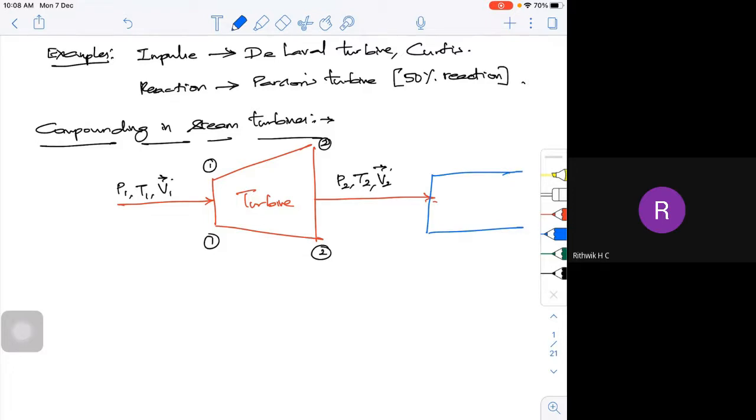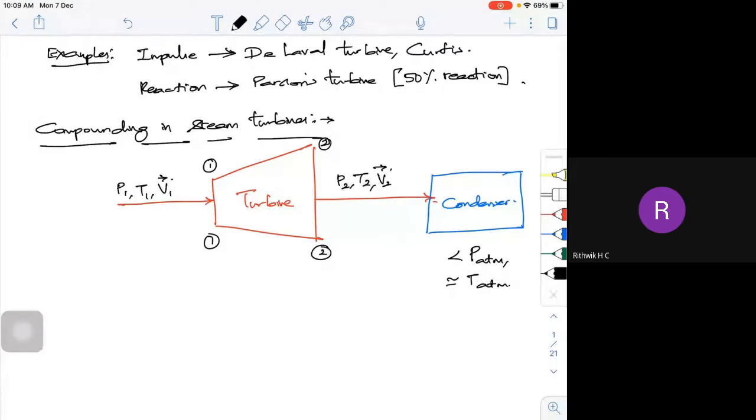This device is your condenser. That condenser will be operating at a pressure less than atmospheric, and the temperature will be around atmospheric temperature, or less than that.